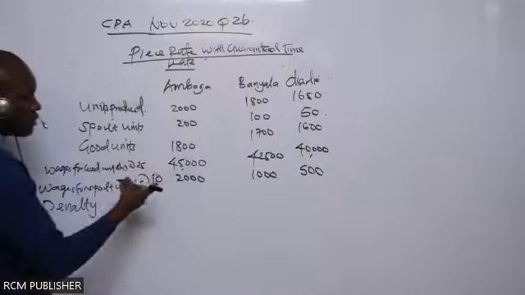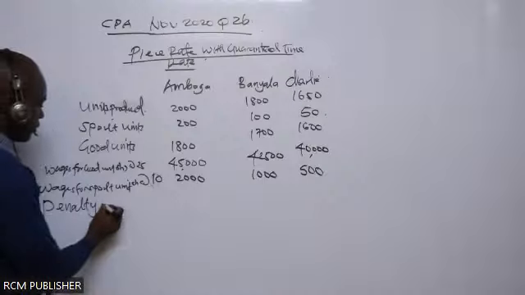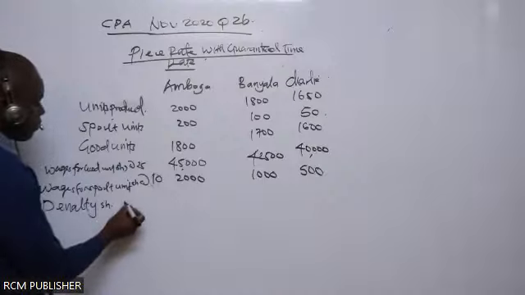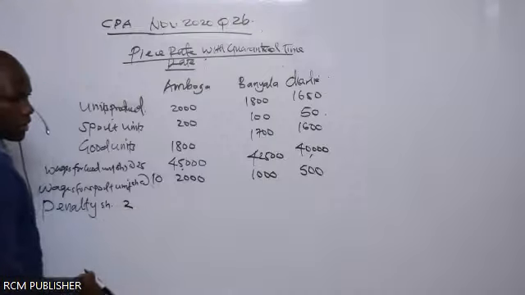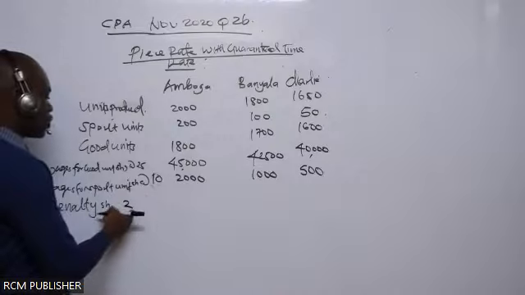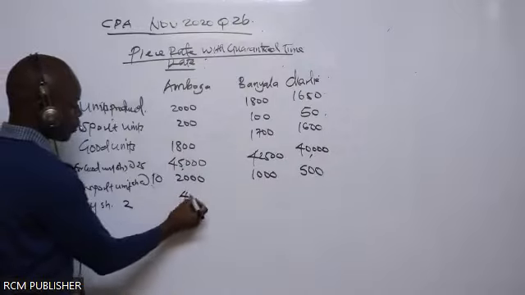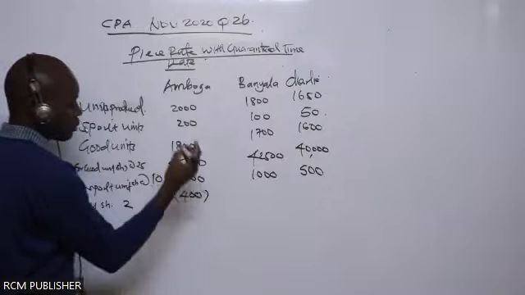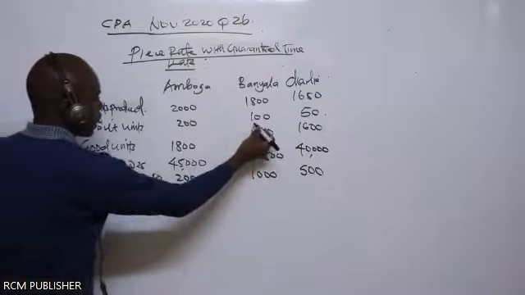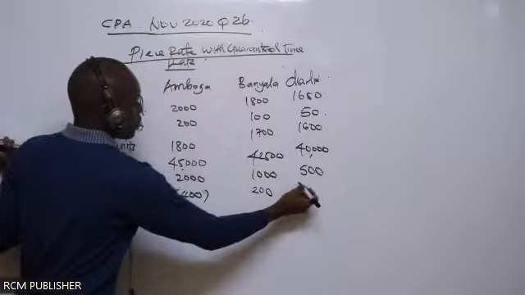What is the rate of the penalty? 8% of this rate here. So what will we have as the penalty rate? 8% of 25 is 2 shillings. So that 2 shillings we multiply by the spoiled products here. So here we're going to have an amount of 400, but that one now we are going to deduct from what they are supposed to be receiving. Then we have 100 by 2 to give us 200, 50 by 2 to give us 100.